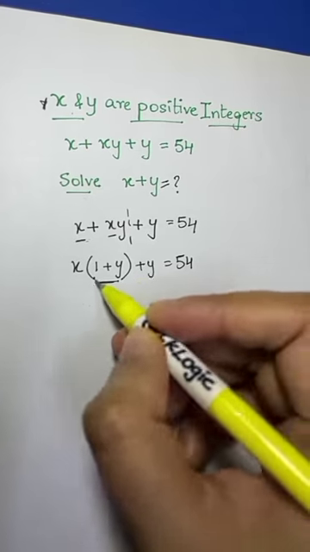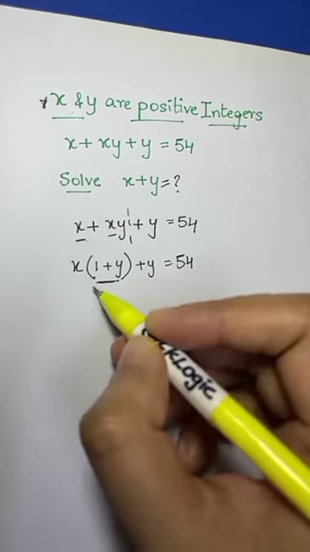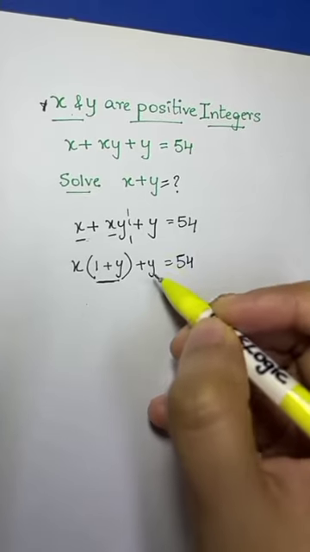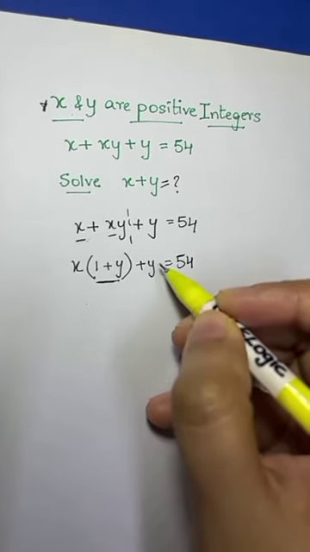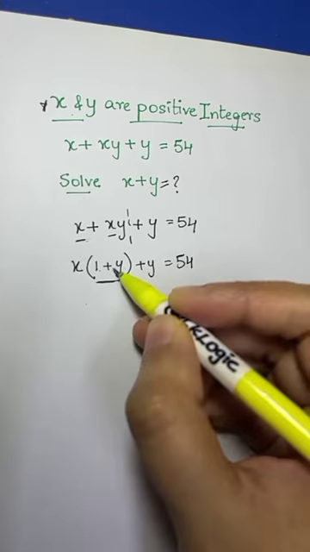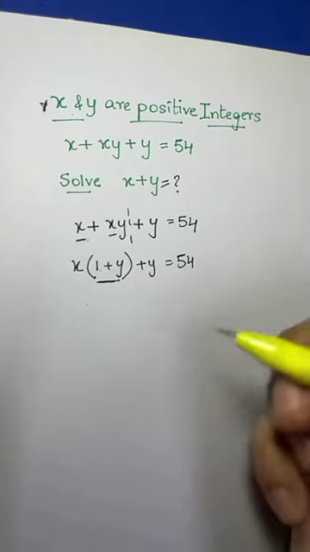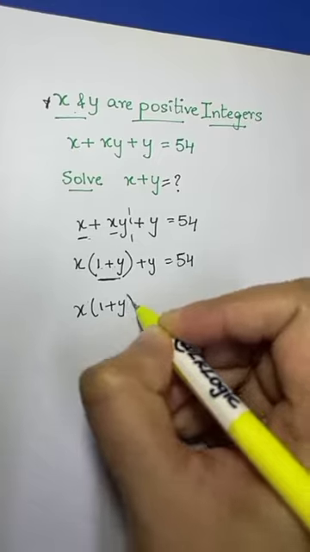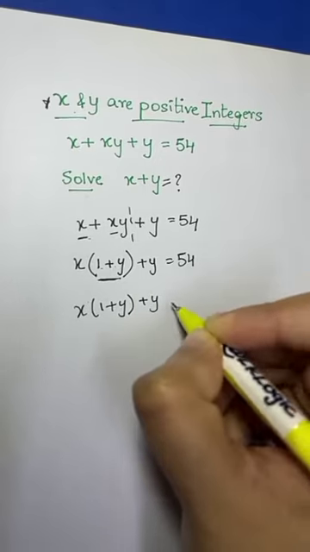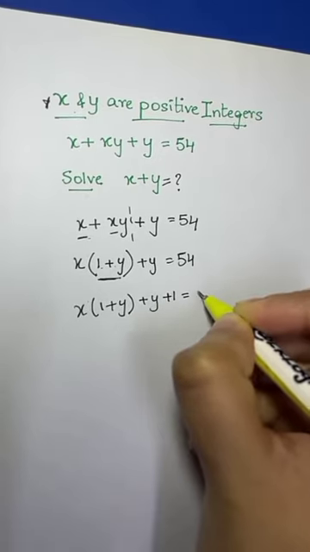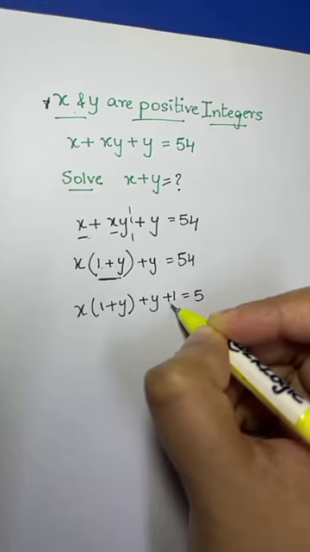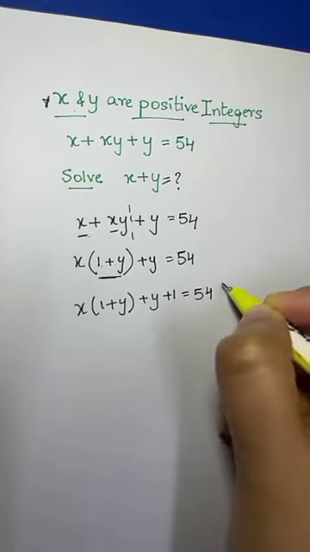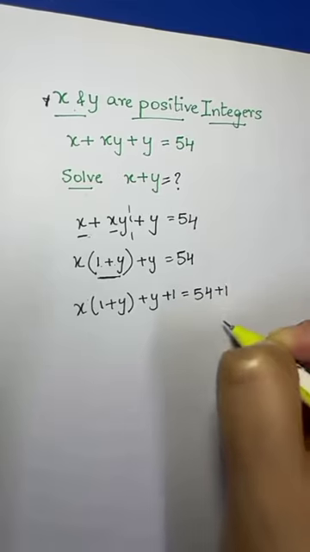To factor the left hand side, we just add a 1 so that we can have 1 plus y. Then we have x into 1 plus y, plus 1 equals, and as we have added 1 on the left hand side, we need to add it on both sides, so 54 plus 1.